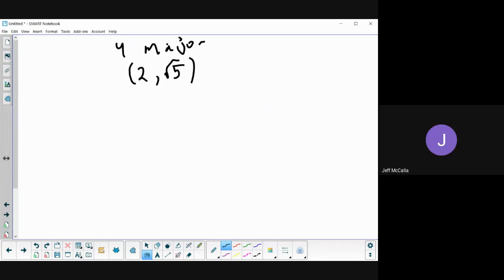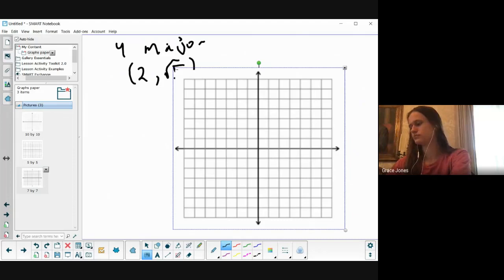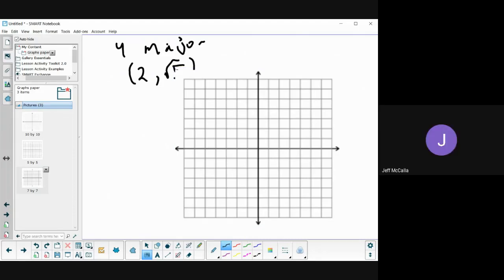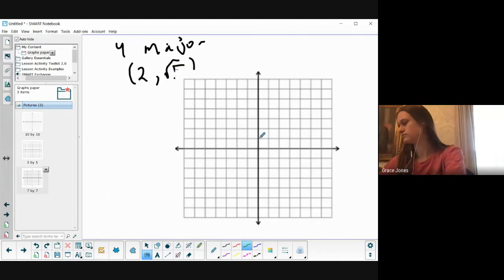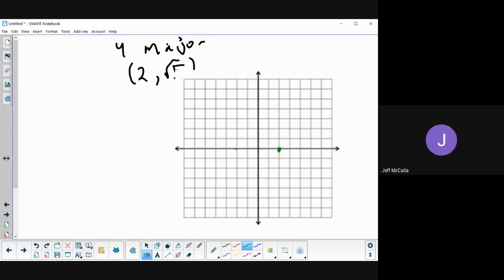Okay, so if you kind of graph that, we've got major axis length 4. So typically students are going to think, well, 2 and 2, like the way we've been doing it. Does this make sense? Like those are the vertex points? Yes. Okay. And then there's a point 2 comma root 5. So root 5 is like 2 point something.